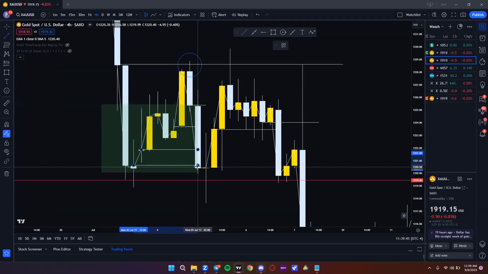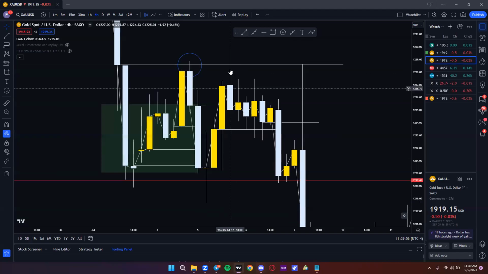It closed below here. So even the slightest closure of these open and close levels signifies that if price buys up, it's only just pulling back. And what you see is that price rejected our level and then continued to go down.